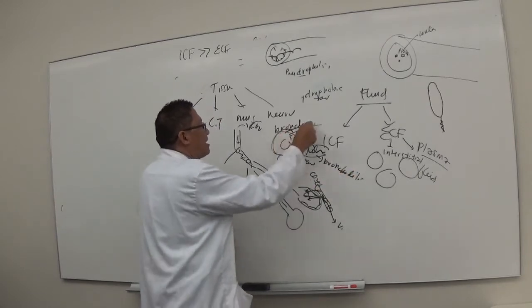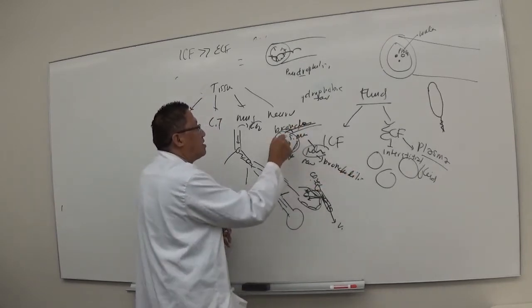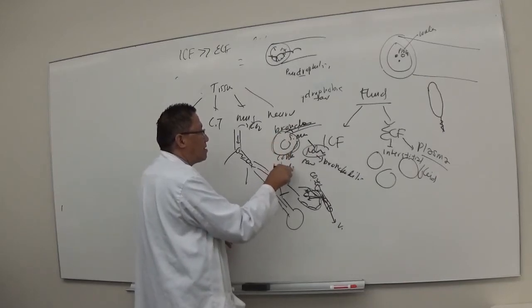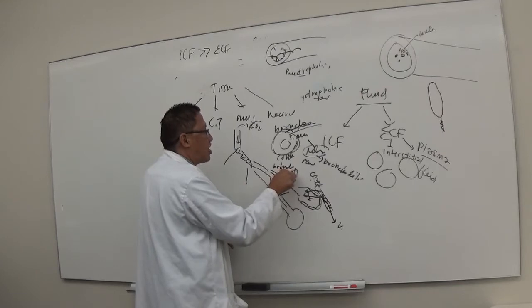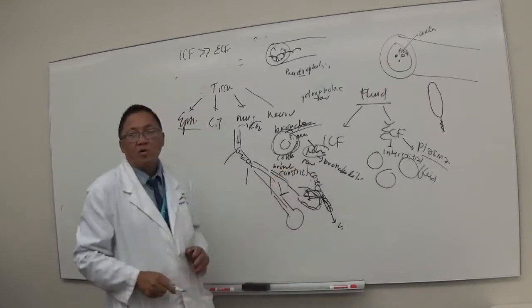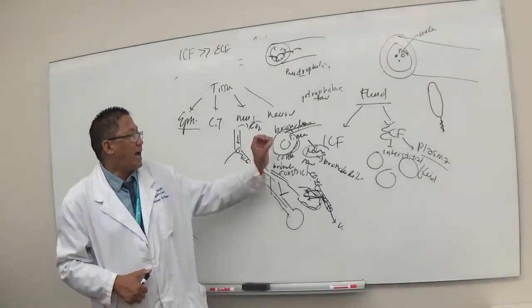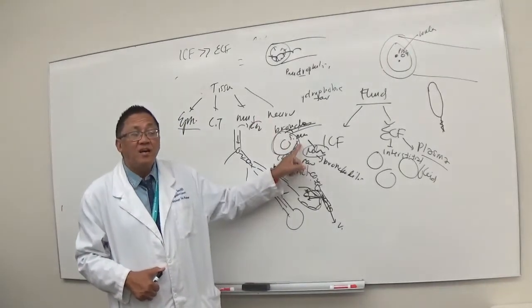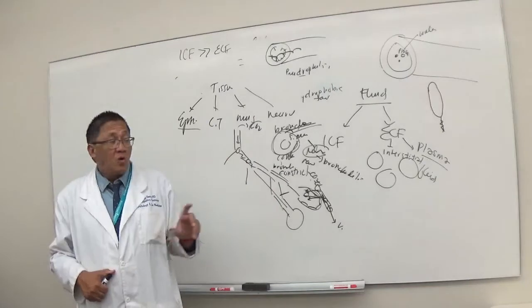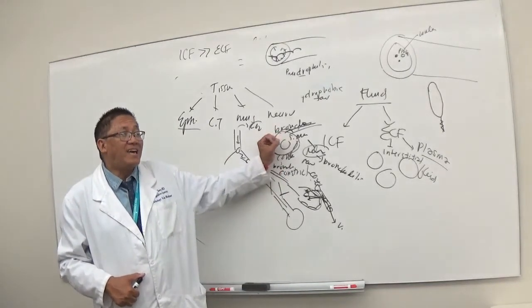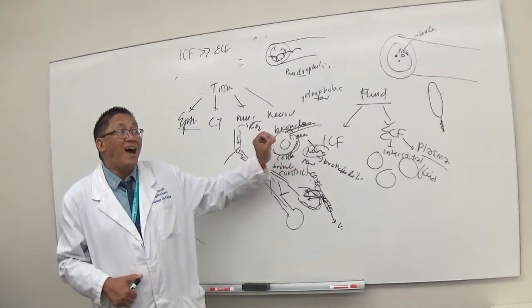If the smooth muscles here in the wall of the bronchioles contract, you have broncho what? Constriction. Which one is good? Constriction or dilation? When you dilate, the smooth muscles are relaxed, you open up the airway. When you bronchoconstrict, the smooth muscles here are contracting, you narrow the airway.